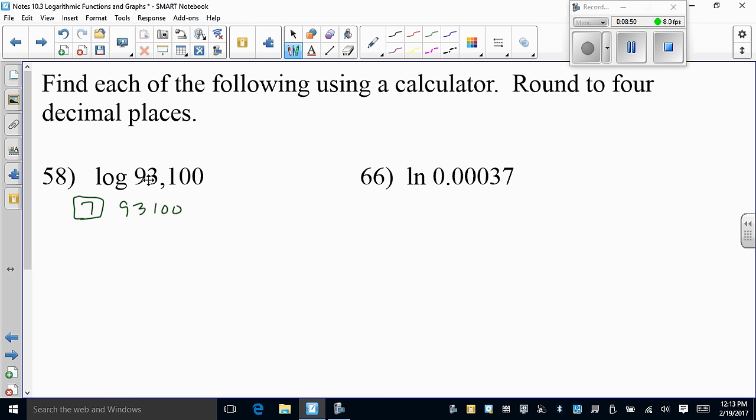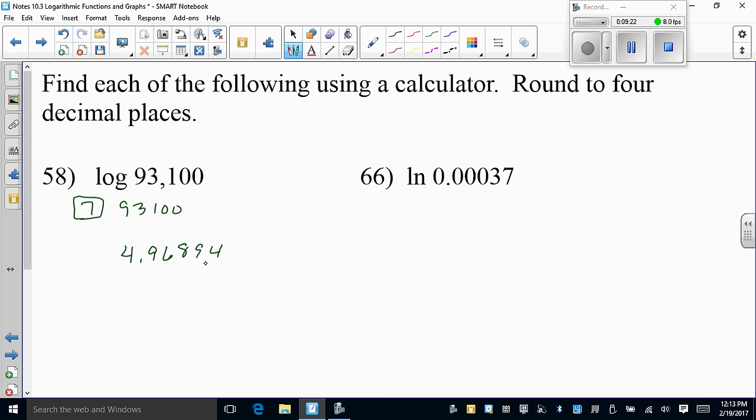That gives us a number of 4.96894. We should always go at least 4 decimal places. Oh, it even says that, 4 decimal places.